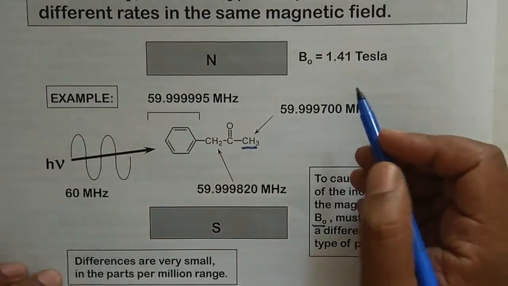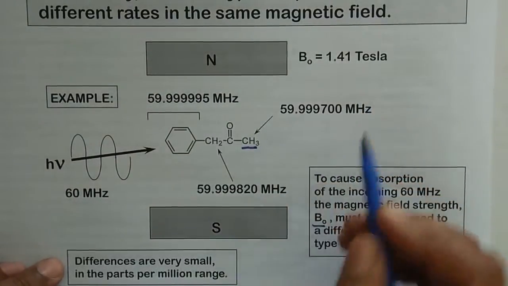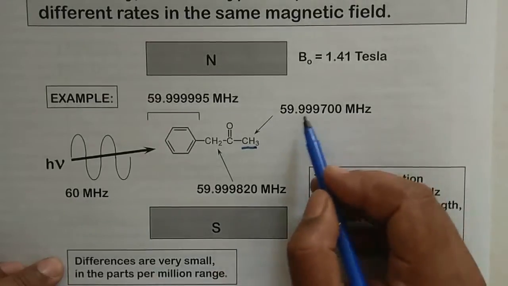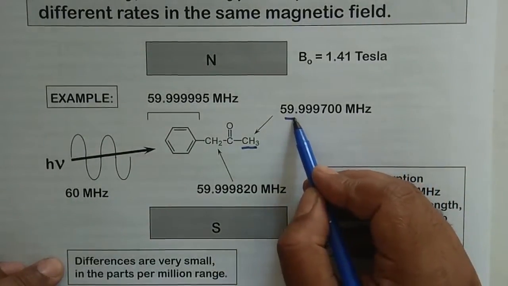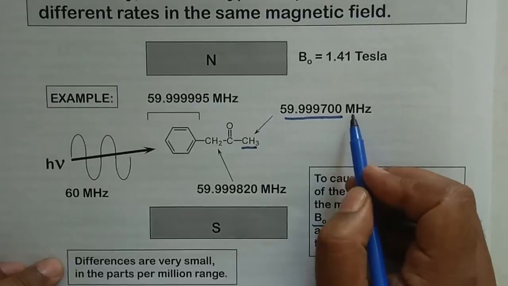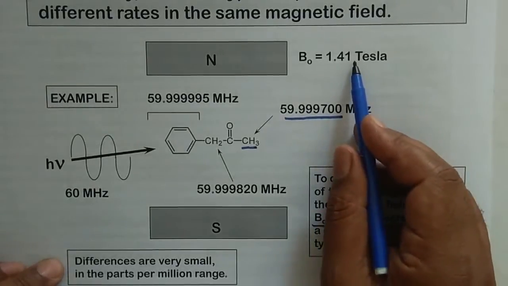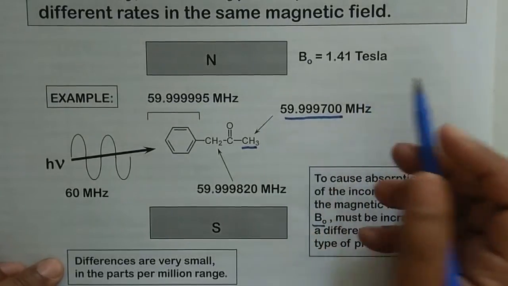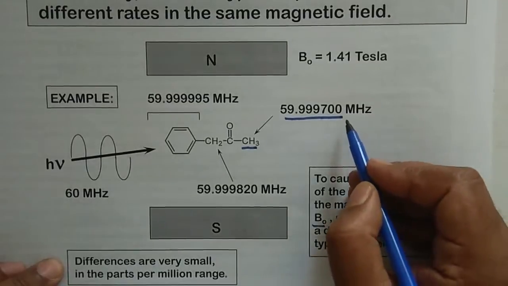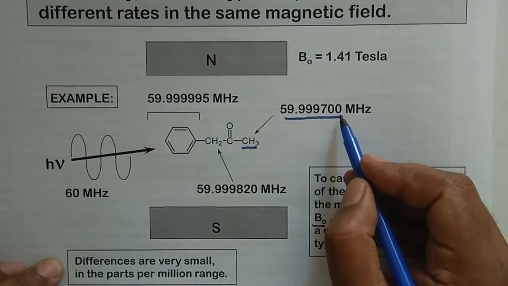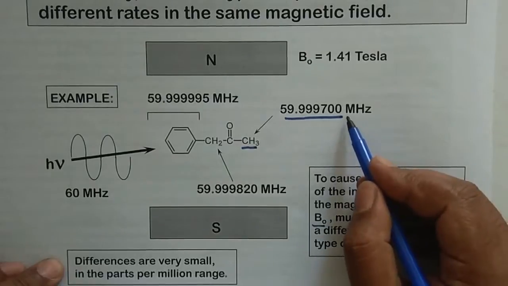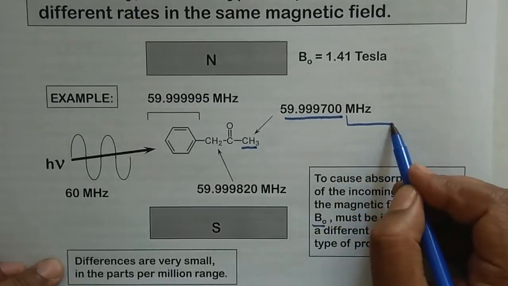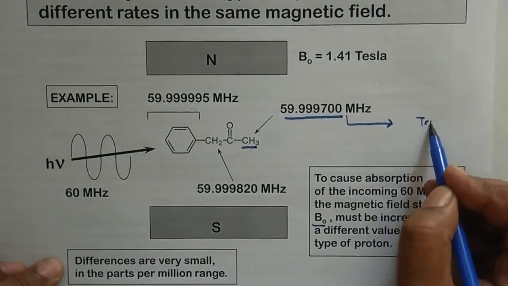First I am taking this one, 59.999700. You can convert this megahertz into Tesla, and it will give you the value of the Tesla. So you will fix the magnetic field at that particular value, corresponding to this in Tesla.